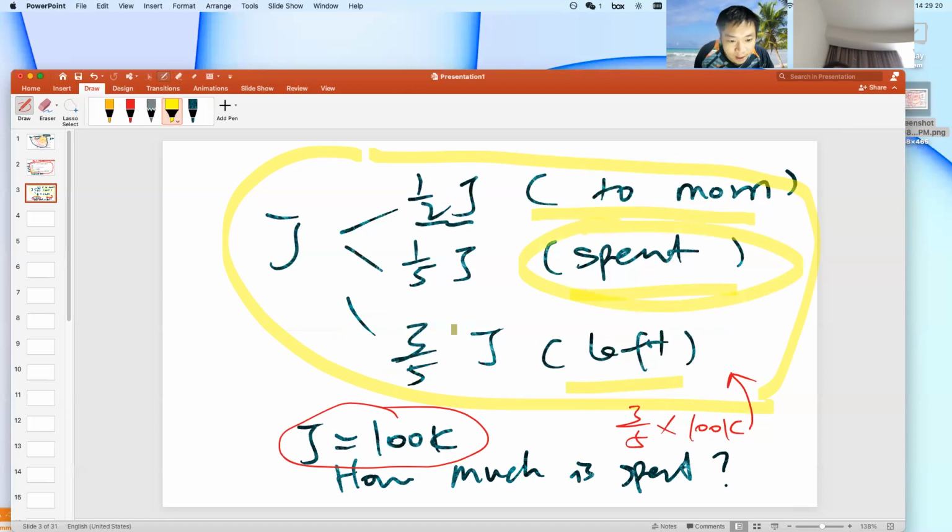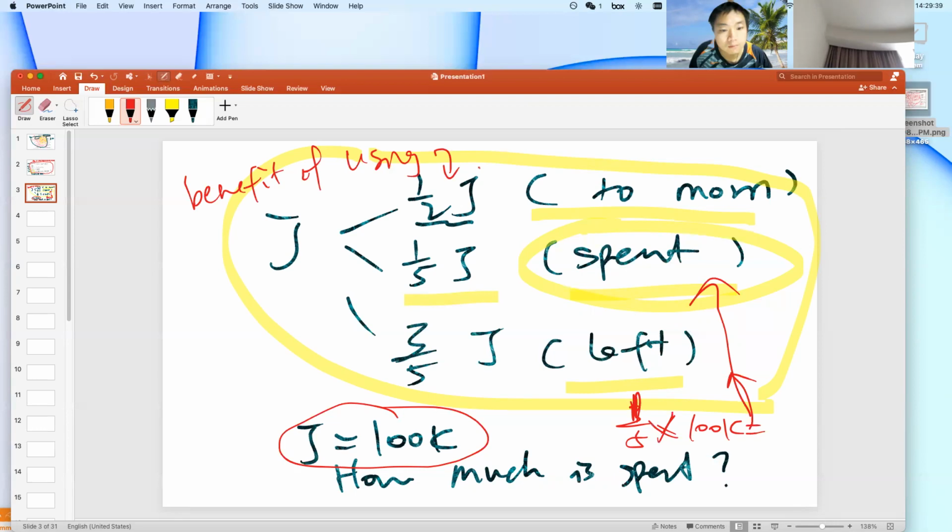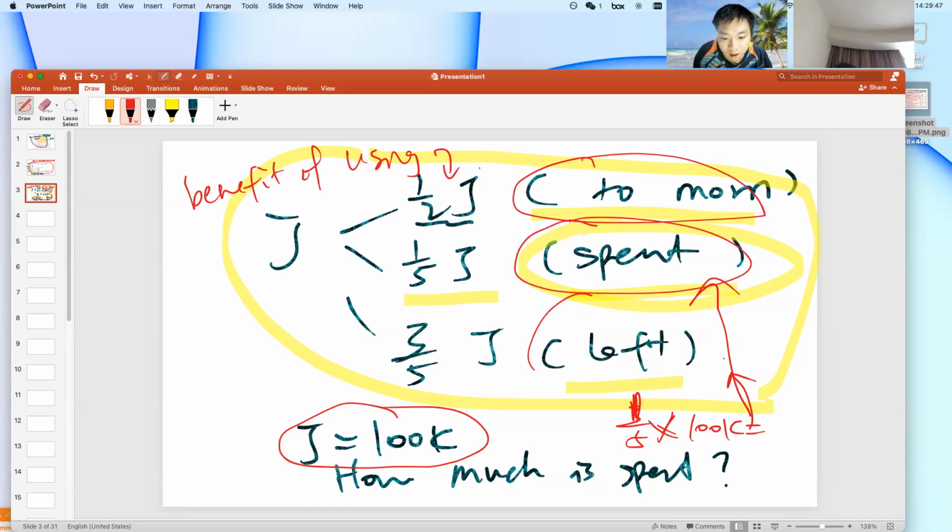So if this is the spent, I read it is 1/5 J. Then I will continue, 1/5 J times 100K, and then I will get this answer. Then I will answer the question. So that is the benefit of using this method. You have the statement here to guide you, in order for you not to make mistakes.